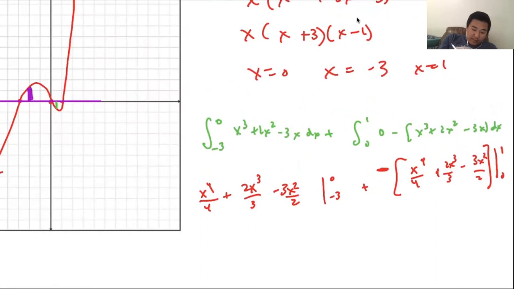I don't think you can see it. So I got negative 11.25.